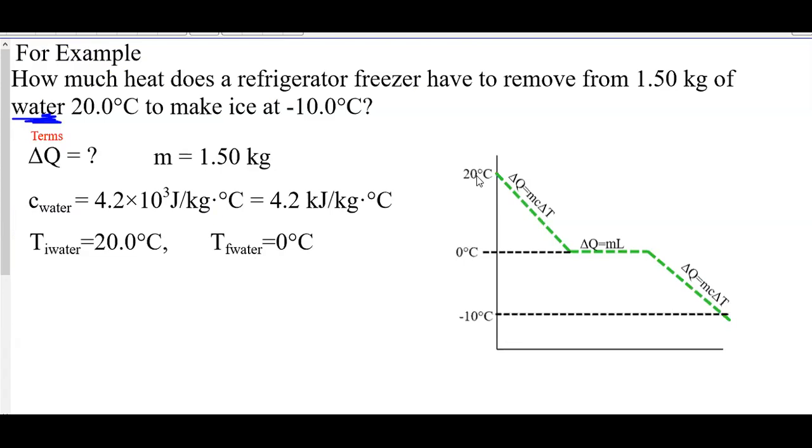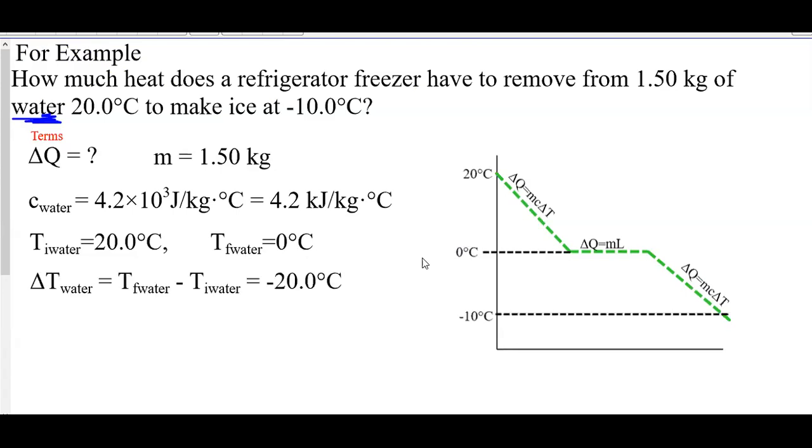Liquid state is going to go from 20 to 0, and you'll just have to stop at 0. 0 is not written down in the question. When it comes to water, I just expect you to know that, or look at your chart at the very least. So know when you're going to have a state change. You're only going to have a temperature change between whatever the current temperature is and your boiling point, melting point, condensing point, or freezing point, whatever point you're going to. We're going to the freezing point.